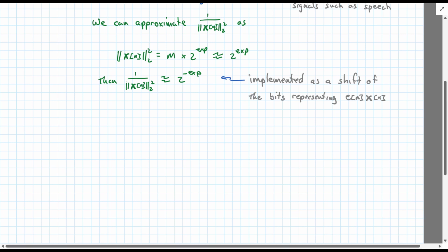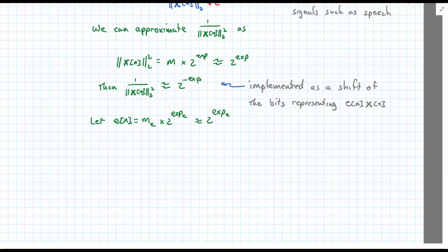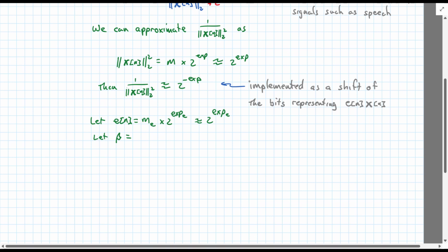And let's represent the error in the same format. Furthermore, let's approximate or constrain beta to be 2 to the minus b for some integer value of b.